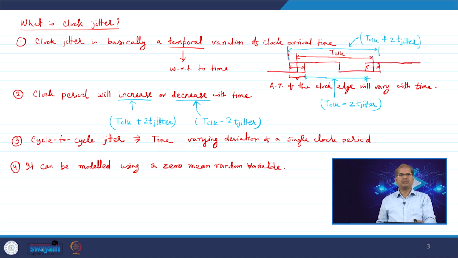Unlike clock skew, which is more or less deterministic, here we can model this using a zero mean random variable. Zero mean means that around the arrival time of the clock signal, we introduce a random variable whose mean, the average of all the arrival times, will be 0.